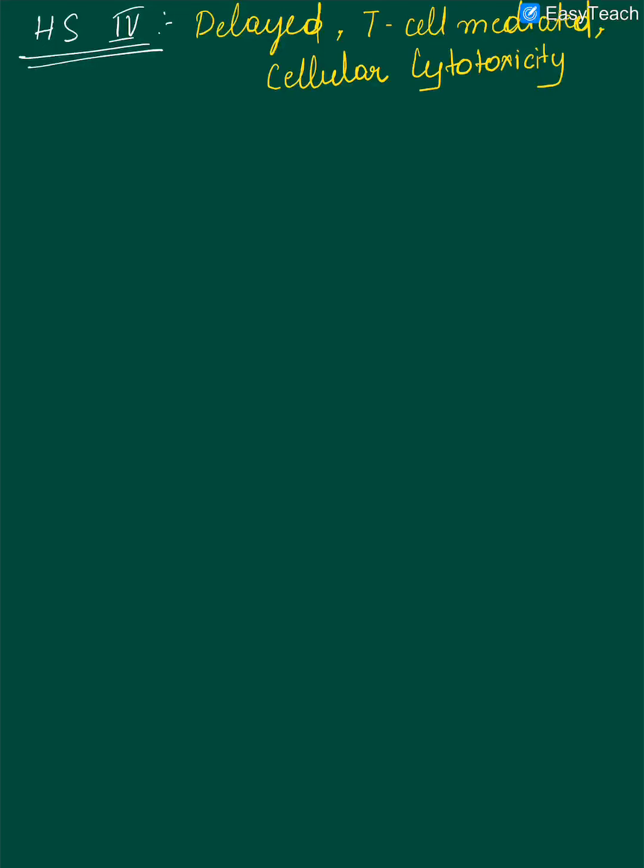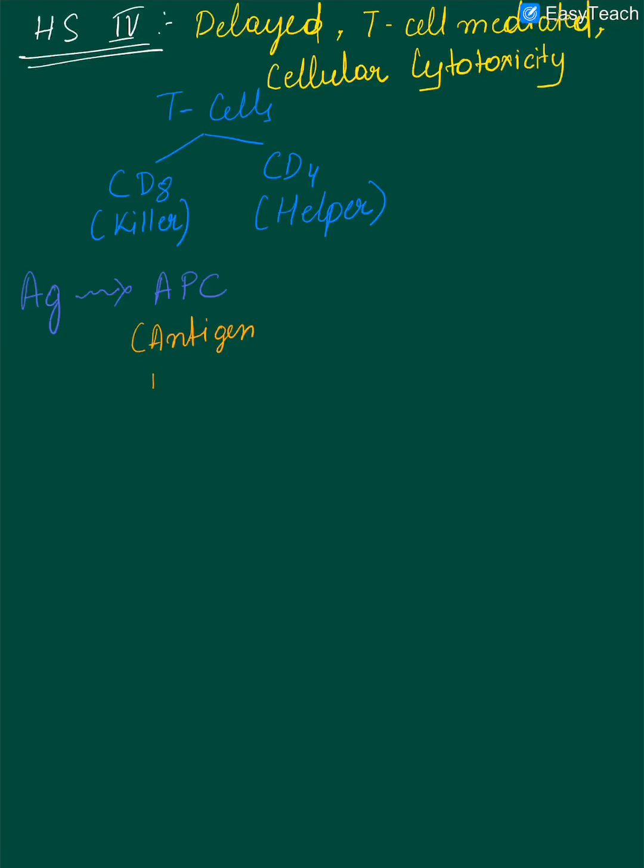So this is completely mediated by the T cells. The T cells are again divided into CD8 cells, which is also called the killer cells, and CD4 cells, which is also called the helper cells. So what happens here is, when the antigen comes, it goes to the APC. What is APC? The antigen presenting cells.